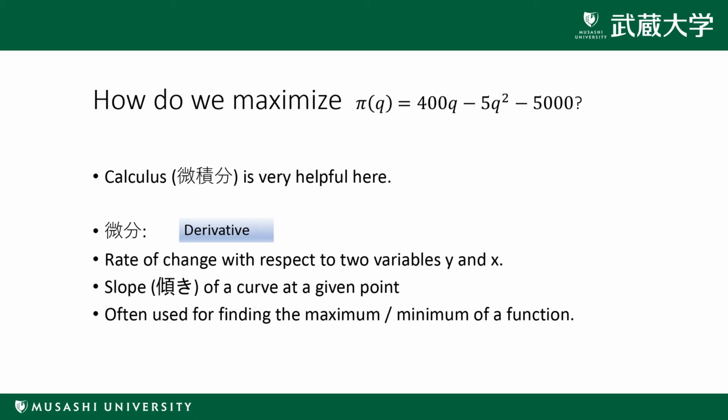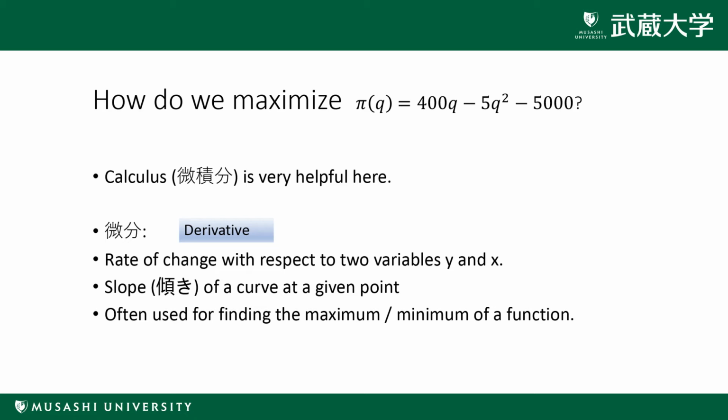In plain terms, it's the rate of change with respect to two variables, y and x. Also it's related to another term in Japanese. I guess you're not so familiar with these mathematical terms in English. So another term is slope, and slope is called katamuki in Japanese. Basically, it's the slope of a curve at a given point.